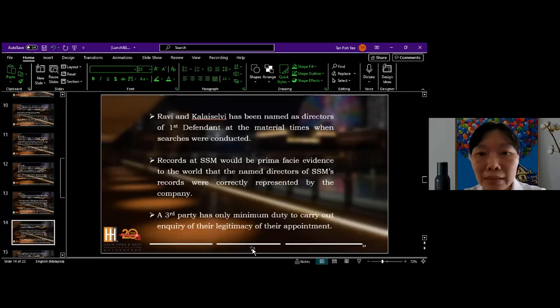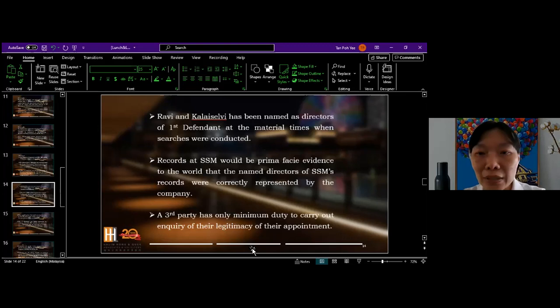So this Ravi and Kalai Selvi have been named as directors of the first defendant at the material time when searches were conducted. As we know, records at SSM would be prima facie evidence to the world that the directors' names in the SSM records were correctly represented by the company.